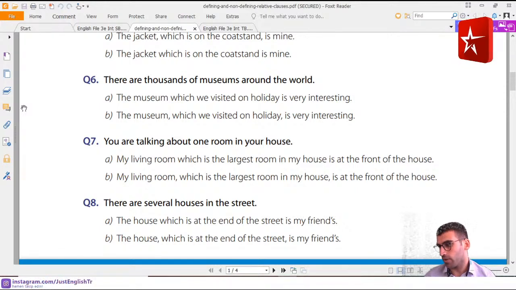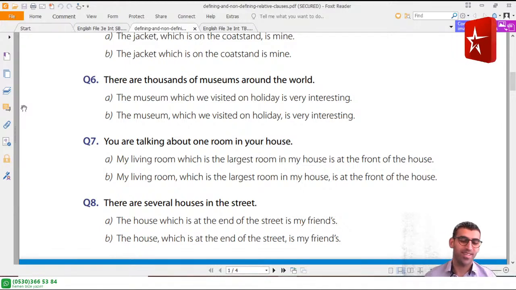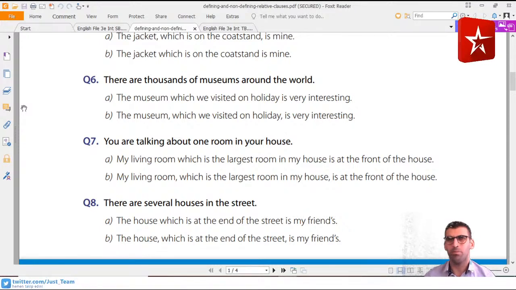I think we have a question here. Kelebek Canada says B is the correct answer for question number 5. Yes, Kelebek Canada. I don't know what's the name. They are using nicknames. Kelebek, I think, is a butterfly or something like this.